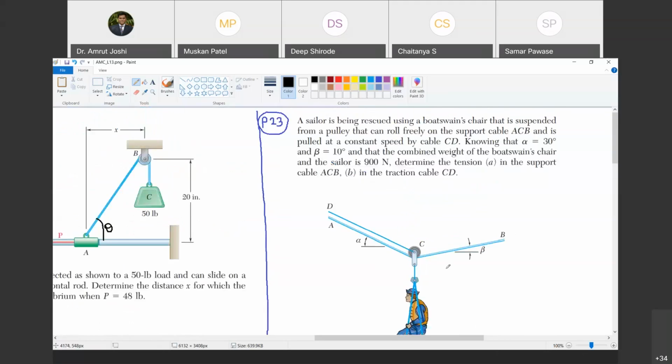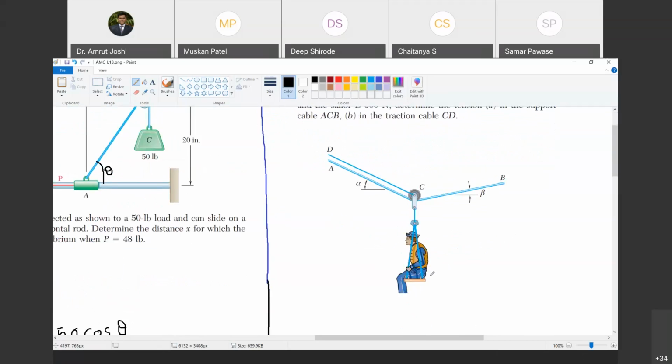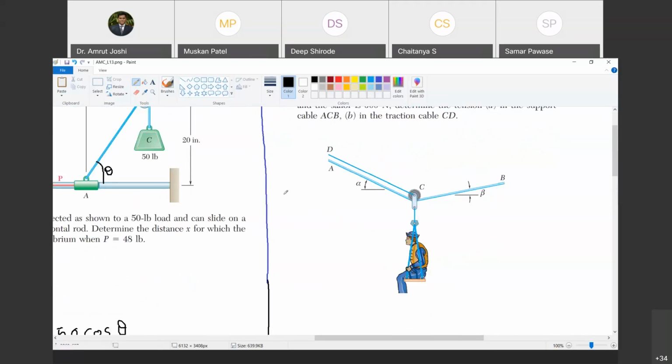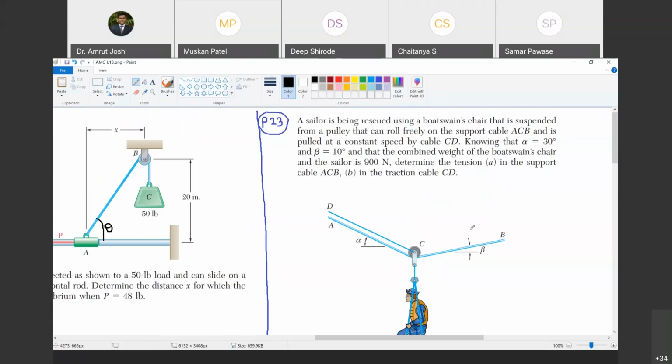So बहुत ज्यादा कुछ imagine नहीं करना है, यहाँ पे दिया है. So this cable CD will be pulled so that this pulley moves here, and then this entire assembly with the sailor goes towards left. तो इस तरीके का assembly है. Now freely बोला है, इसका मतलब है the pulley is frictionless.